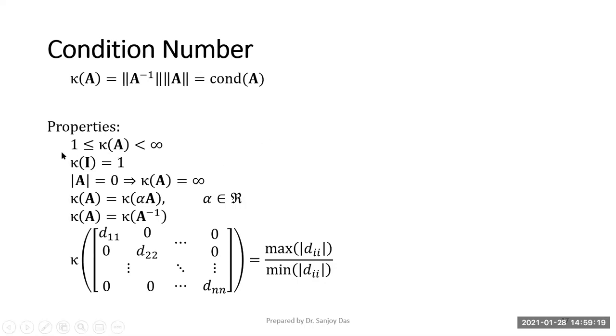The condition number always lies between 1 and infinity. The condition number of the identity matrix is 1. That's best. The best possible situation is when you have a matrix with condition number 1. Now, when the matrix is singular, that is, it's not invertible, its determinant is 0, then by definition the condition number is infinity.